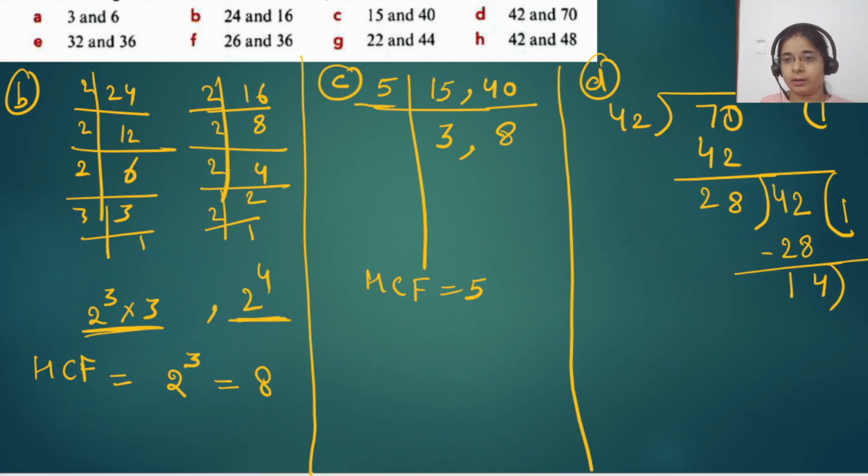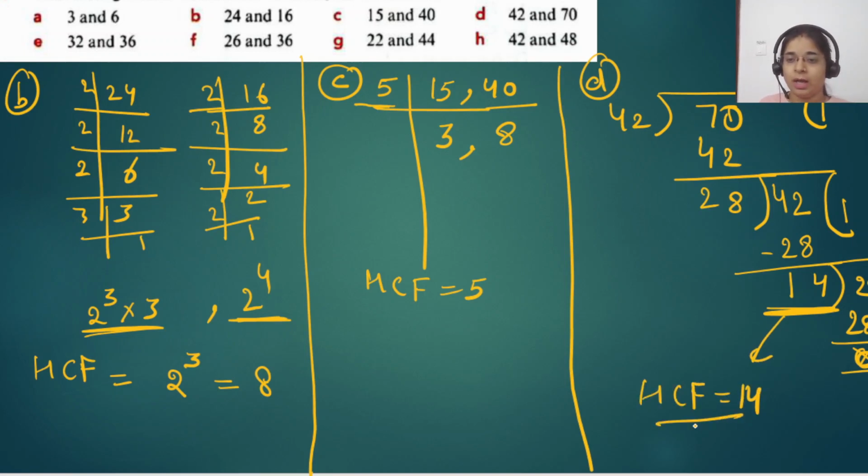Now divide it by 28. Now 14 twos are 28 and we get a 0 remainder. So for whichever divisor my remainder is 0, that is my HCF. Okay, so for 42 and 70 the HCF is 14.